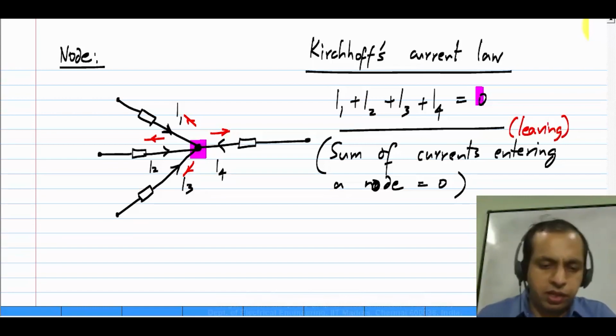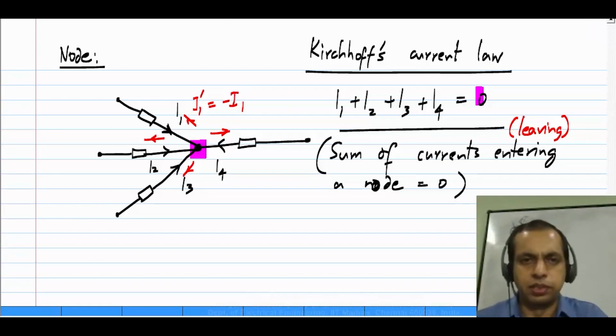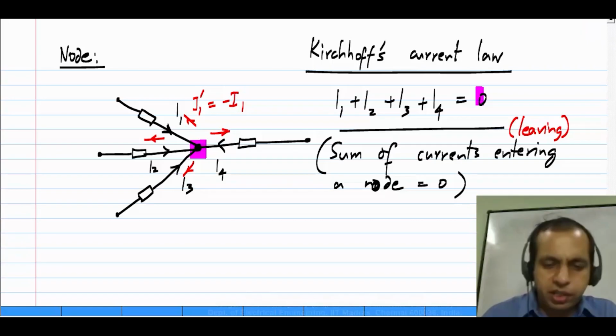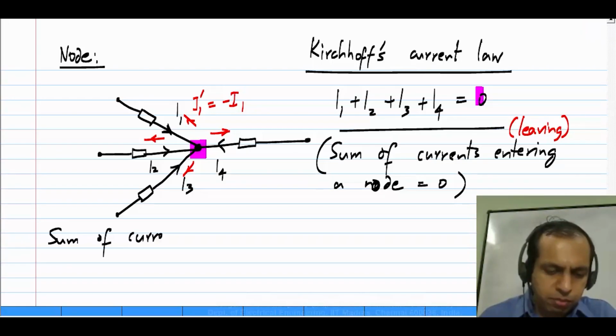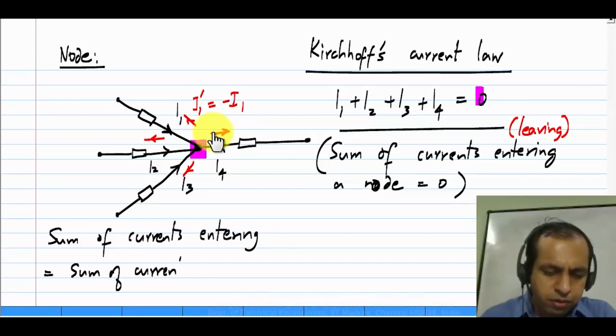Now if you call this current I1 dash, it is simply equal to minus I1, because I told you earlier that plus 1 ampere going from A to B is the same as minus 1 ampere going from B to A. So this is simple, and sometimes it's also stated as sum of currents entering equals sum of currents leaving.